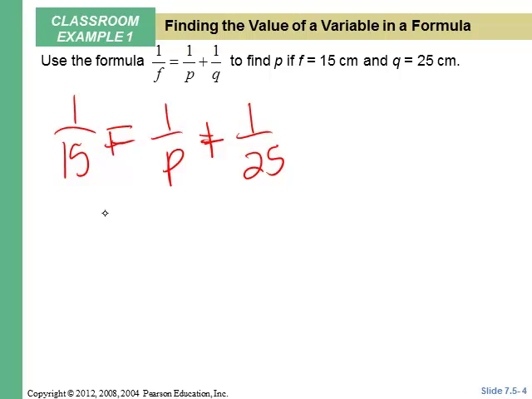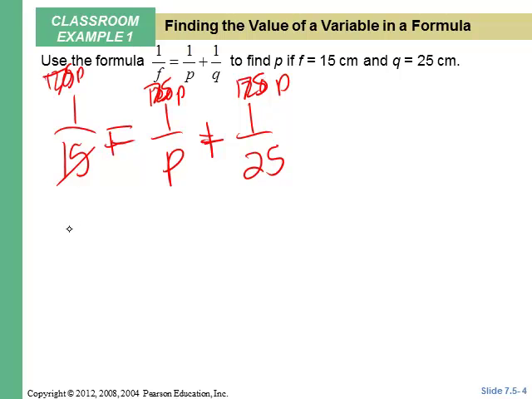Multiply everything by the least common denominator, which is 75p.